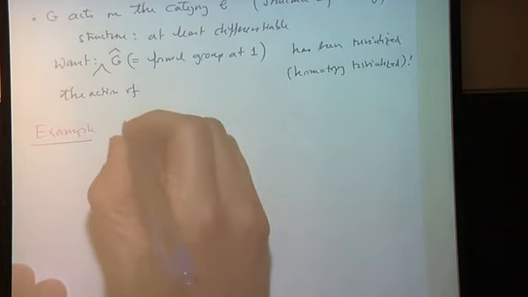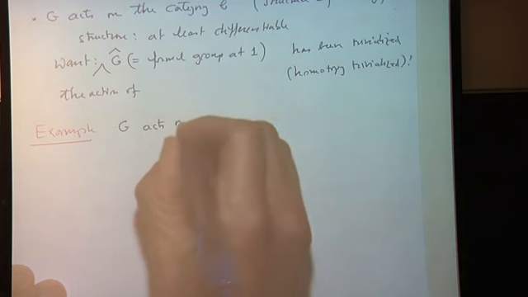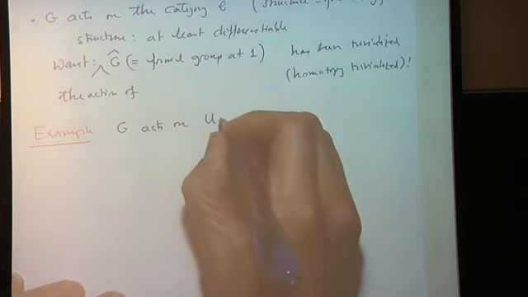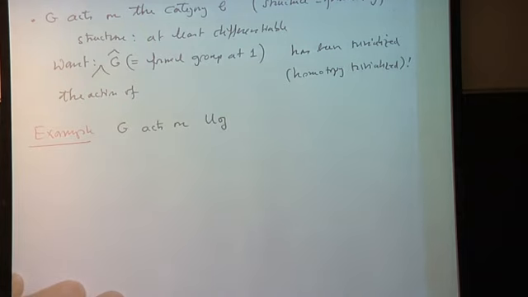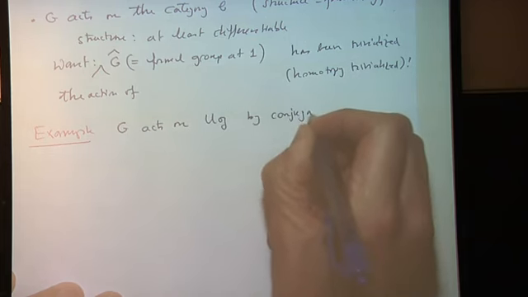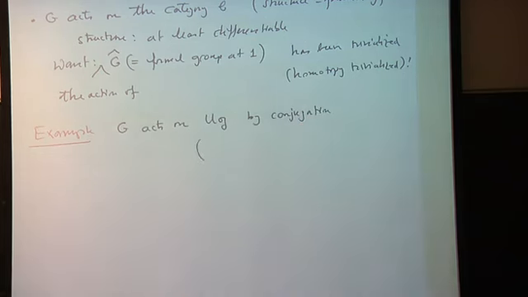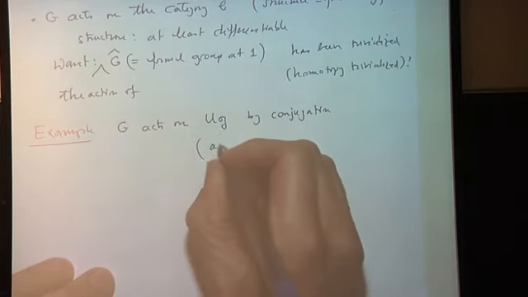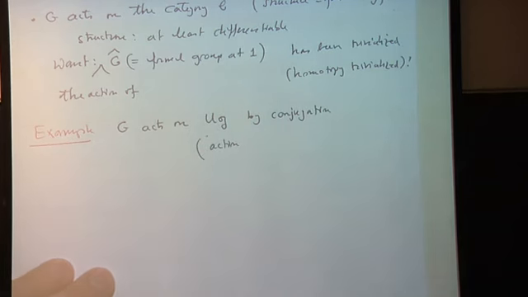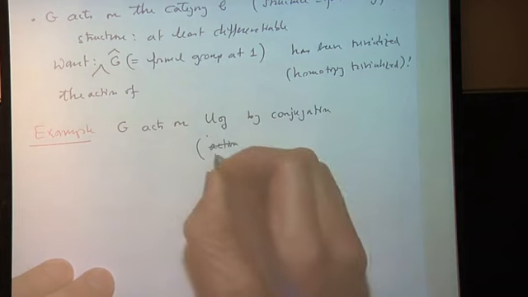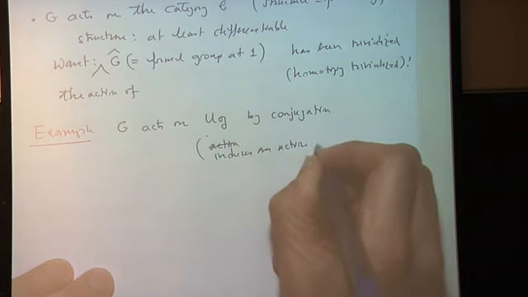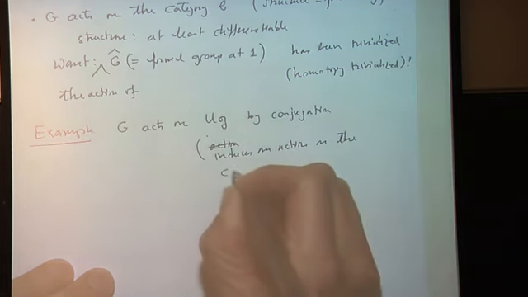Let G act on the universal enveloping algebra of the Lie algebra the only way it can, by conjugation. And implied in it, the action on G modules. So it induces an action on modules over this algebra, so it induces an action on the category of modules.